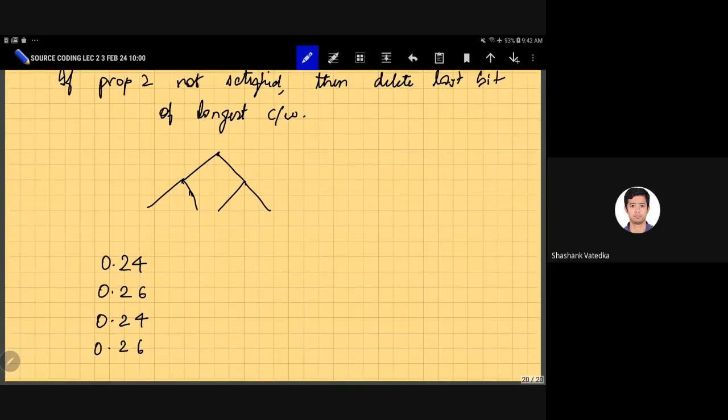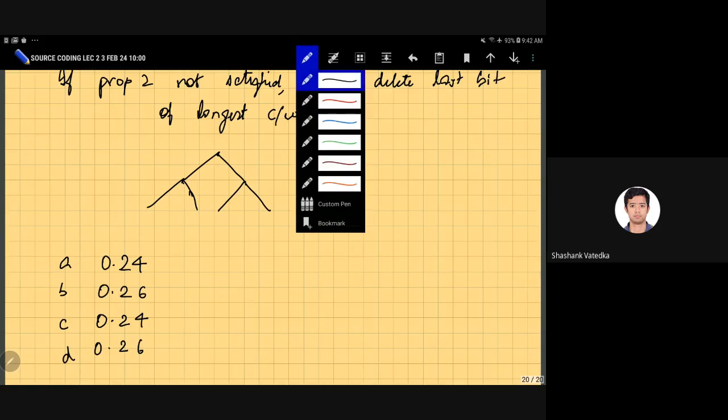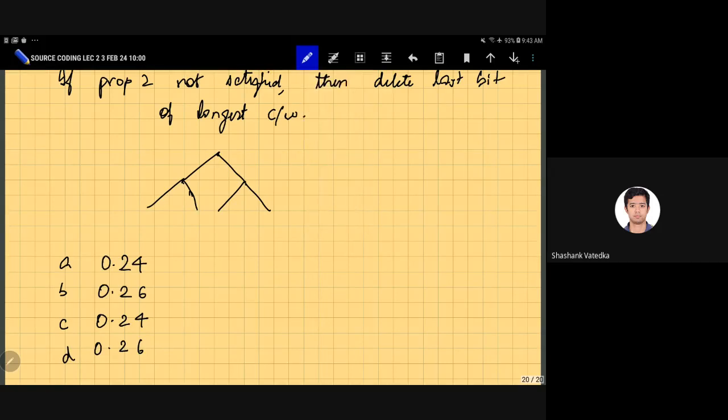So we have A, B, C, D. In this, the symbols corresponding to the least probability are A and C.